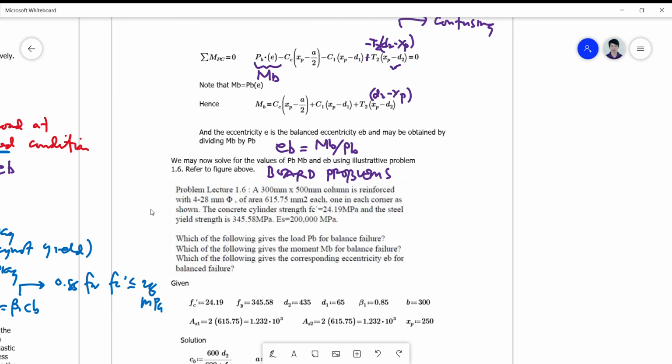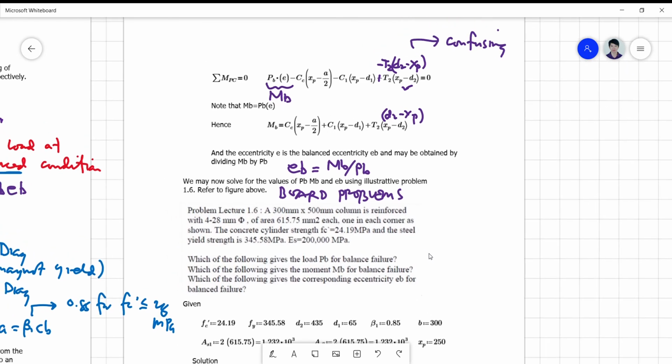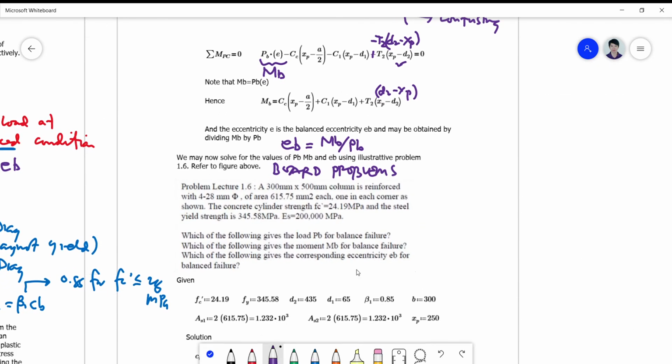The modulus of elasticity of steel is 200,000 megapascals. Which of the following gives PB, which gives MB, and which gives EB? So this is now a problem on the concept of balance failure condition, or balance condition.